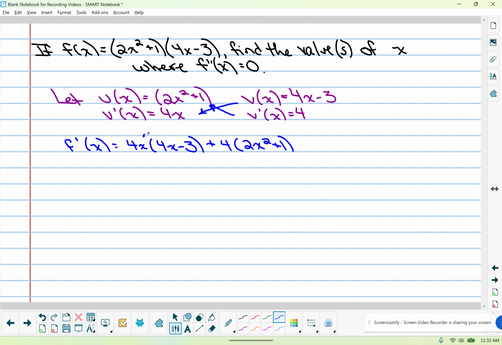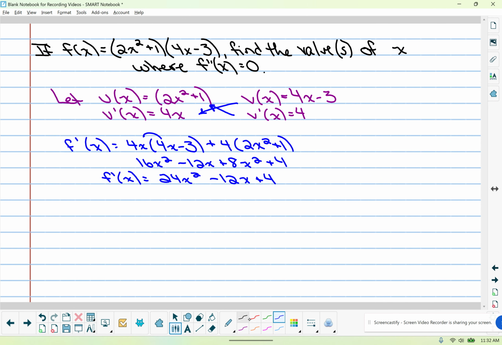So I'm going to get 16x squared minus 12x plus 8x squared plus 4. And what are we going to get here? 24x squared minus 12x plus 4. So that's f prime.